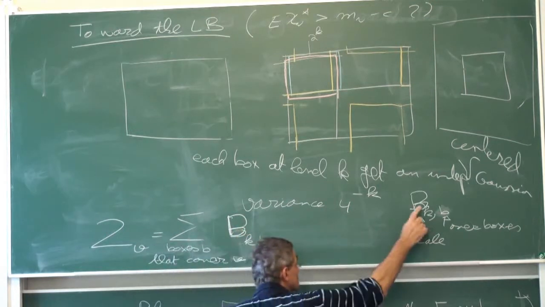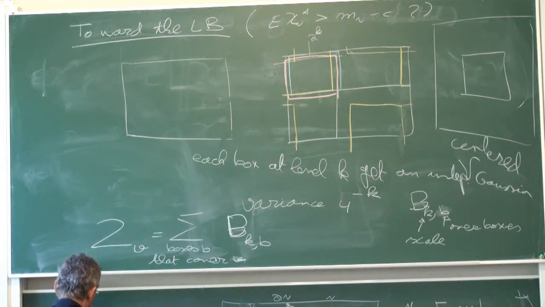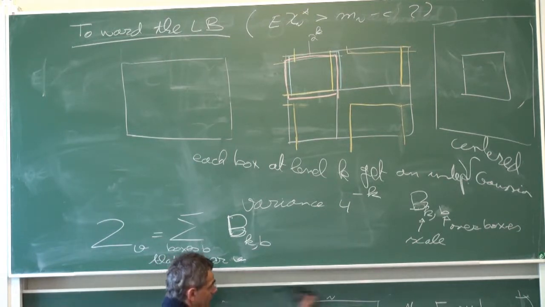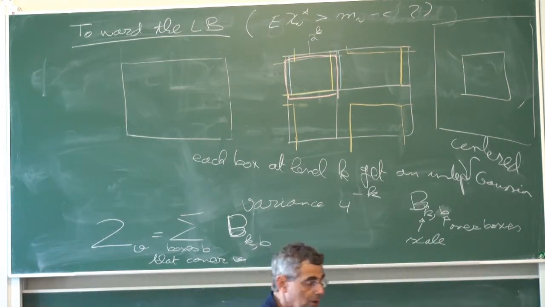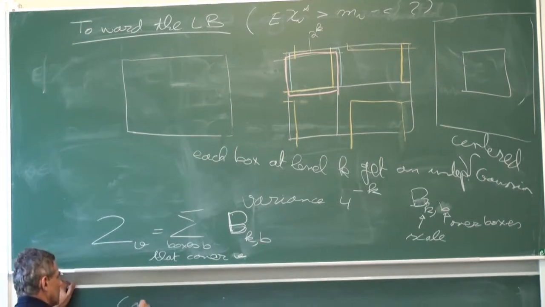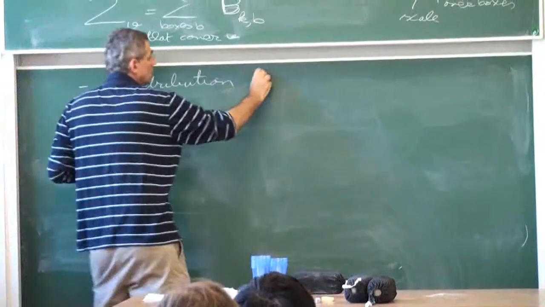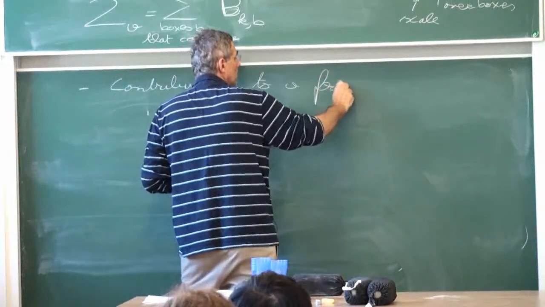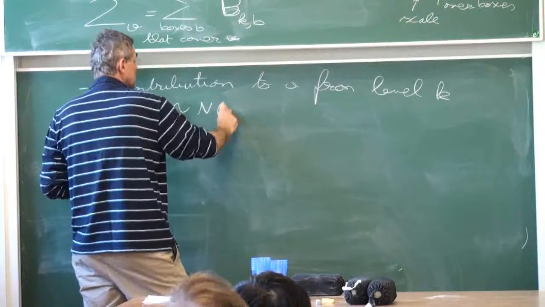So now we have this construction of a field, and I want to make a few comments. The first comment is that the contribution at each level to a particular point is exactly as before. So the contribution to V from level K is distributed like normal 0, 1.